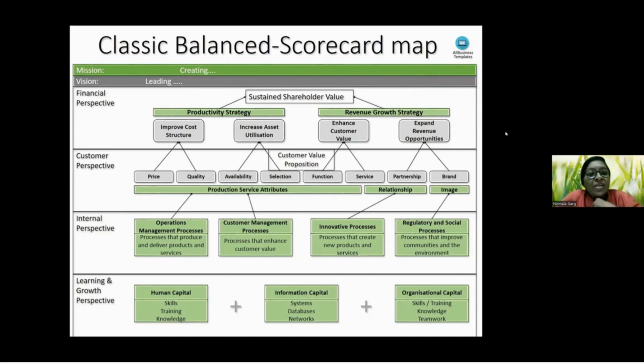Now, based on a certain value discipline, you have also arrived at the various characteristics or attributes you want to have in your product or service, in terms of price, quality, choices, that is selection, availability, services, etc. Till that part you are very clear, guys?